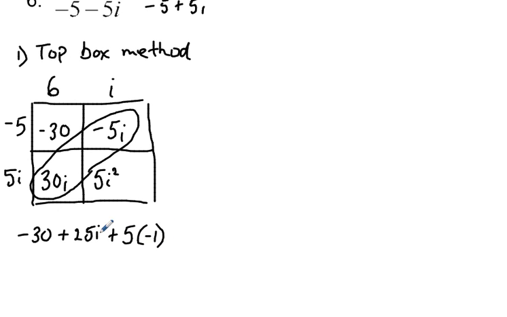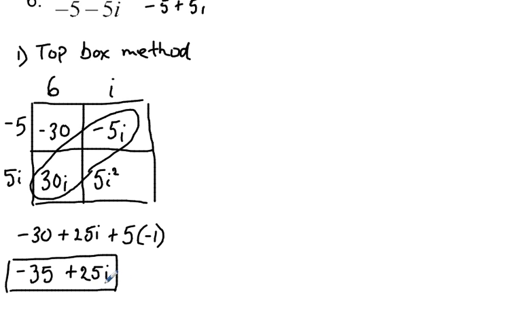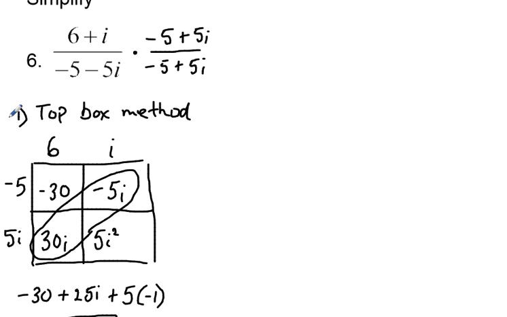Now, 5 times negative 1 is negative 5, and I'm going to combine that with negative 30, and that gets us negative 35 plus 25i. We'll go ahead and just put a box around that so we remember that we're going to use it later on. And let me go to step 2.